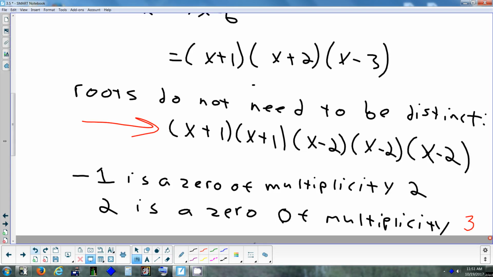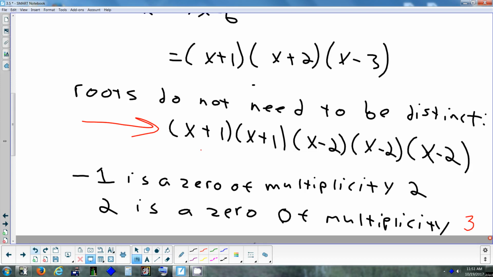If there's 5 factors here, if you FOILed all this out, what would be your highest exponent? 2? It would be higher than 2.